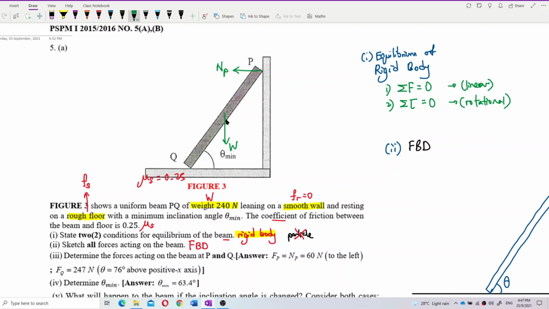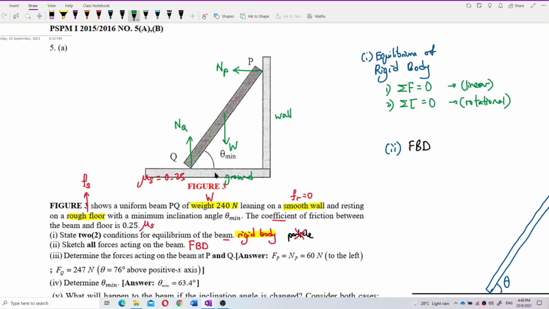This is the wall, and this is the ground. The wall is smooth, so it has no friction. For the ground, it has both normal force and friction. This is normal at Q.